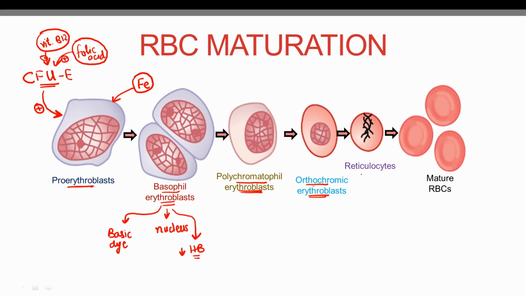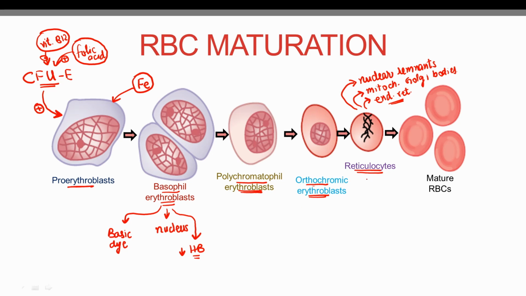The orthochromic erythroblasts convert into immature red blood cells known as reticulocytes. The reticulocytes contain nuclear remnants and remnants of certain other organelles such as mitochondria and Golgi bodies, whereas the endoplasmic reticulum is completely absorbed.